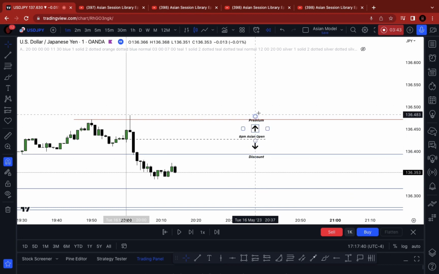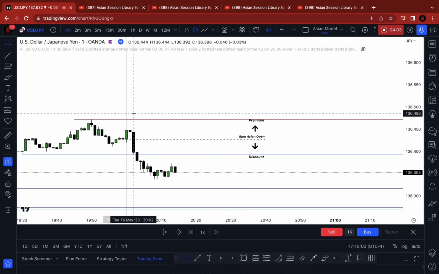So this is overbought and this is oversold. You always want to be buying in an oversold condition. You always want to be selling in an overbought condition. That's just how it works. I don't make the rules, but it logically makes sense. You want to buy low and you want to sell high. It goes hand in hand.